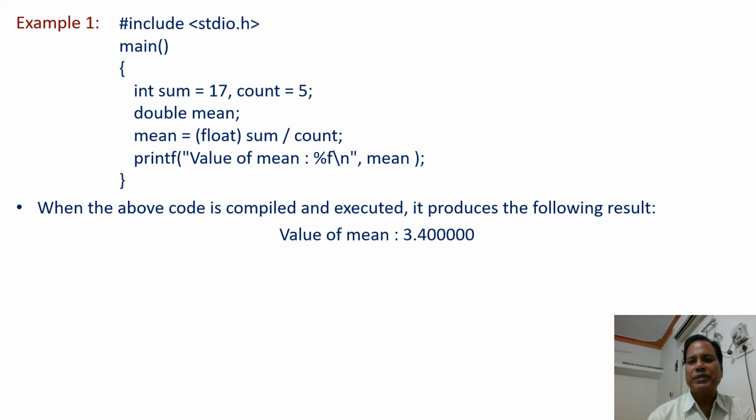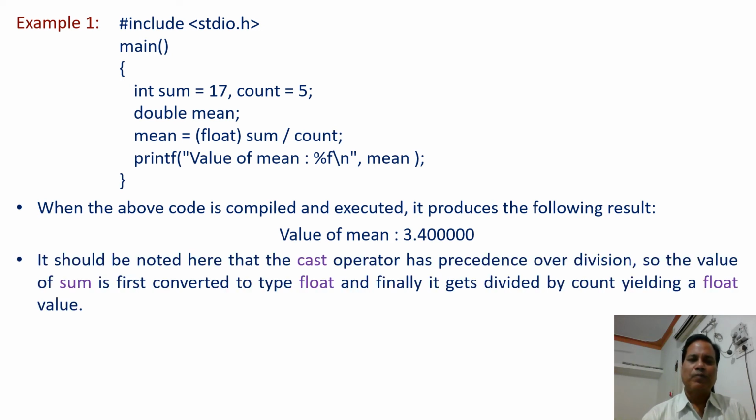But with this feature, we get the correct result as 3.400000. It should be noted here that the cast operator has precedence over the division. So the value of sum is first converted into type float, and finally it gets divided by count, yielding a float value.